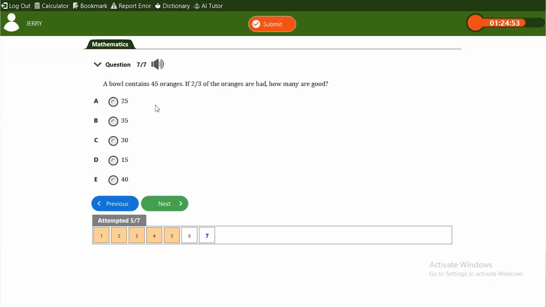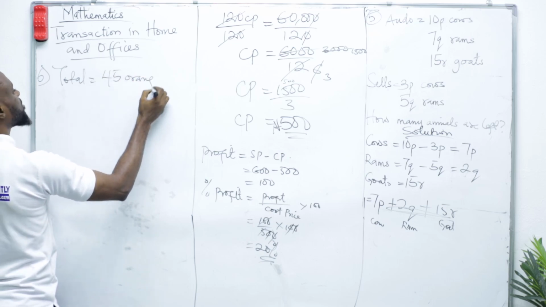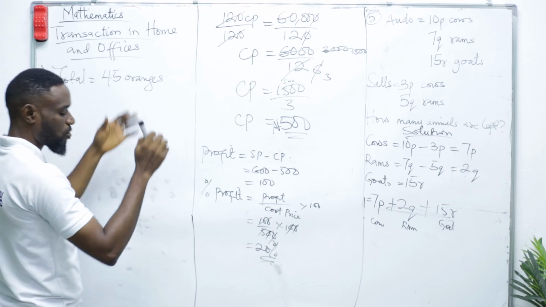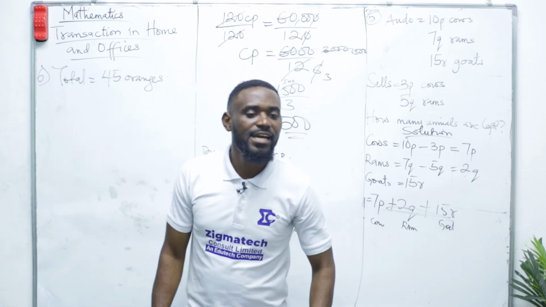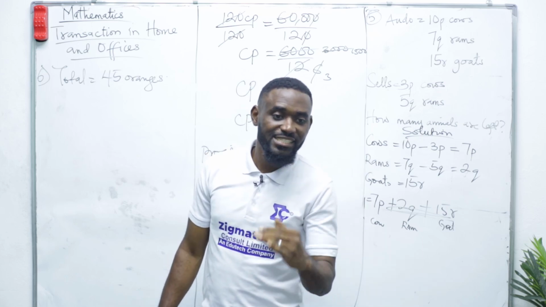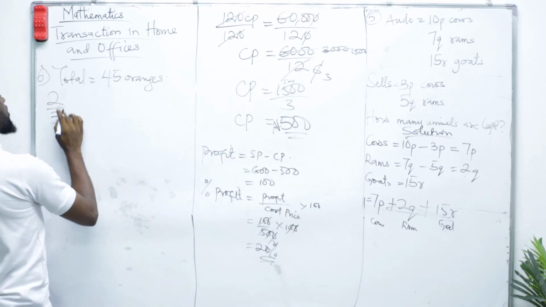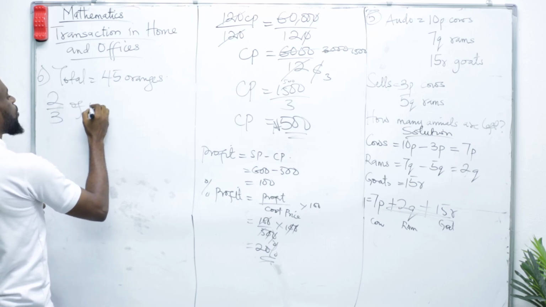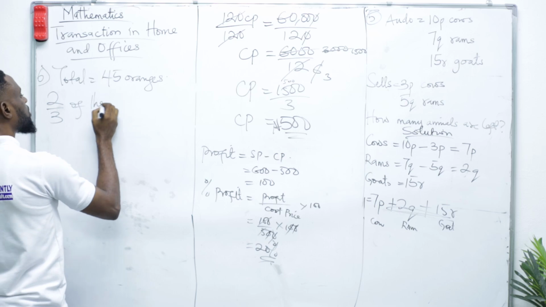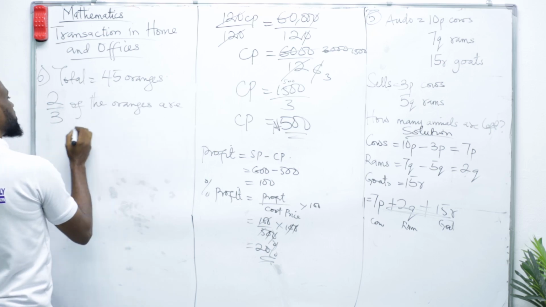A bowl contains 45 oranges, so a total of 45 oranges inside this whole bowl. And they said 2/3 of the oranges are bad.